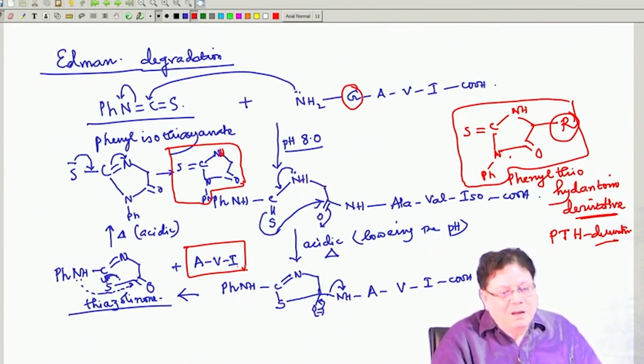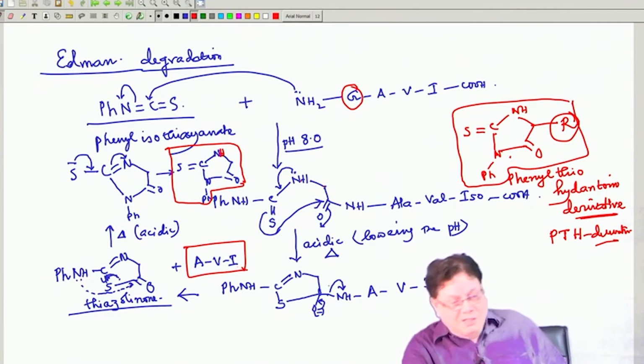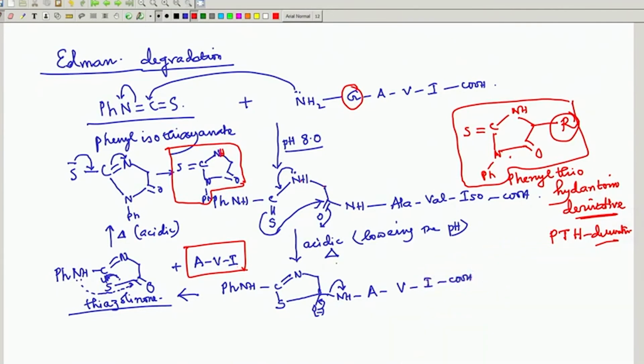Okay. However, every answer of a problem gives rise to other questions, and this also is very similar to that. The question is, this is a beautiful method of doing amino acid sequence, but the question is how many I can do in one shot. Suppose I have a peptide containing 100 amino acids, and the question is how many I can do.